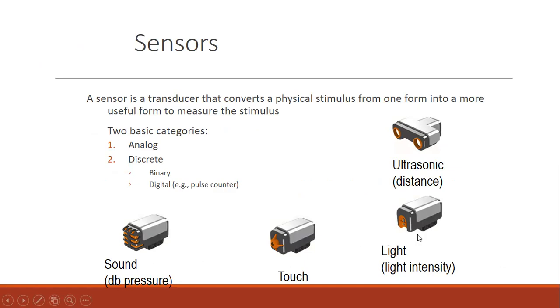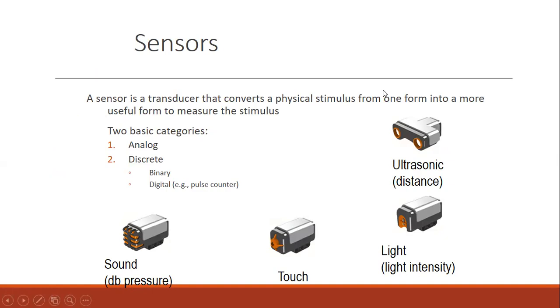This light sensor measures the light intensity. Ultrasonic sensor will measure the distance. If you want to measure touch, then you will use a touch sensor. The sound sensor measures pressure in dB.